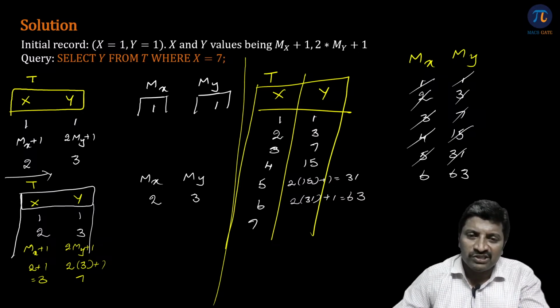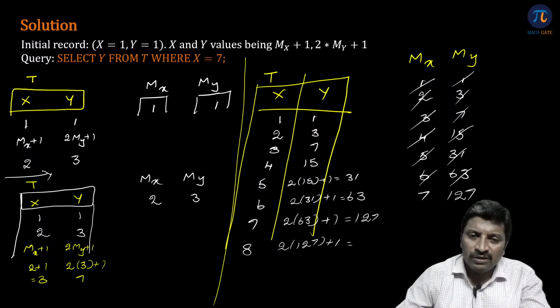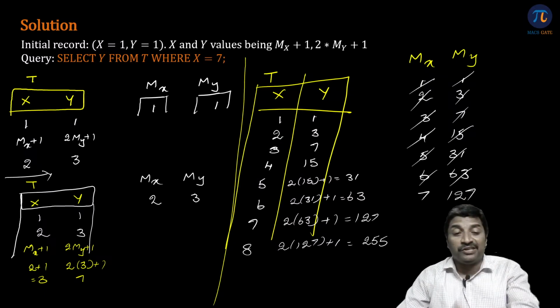Then the next value is 7. 2 into 63 plus 1, it will be 127, right? So the values are updated to 7, 127. The next value is 8. It will be 2 into 127 plus 1, which is 254 plus 1, 255. Like that they will continue for 128 times.